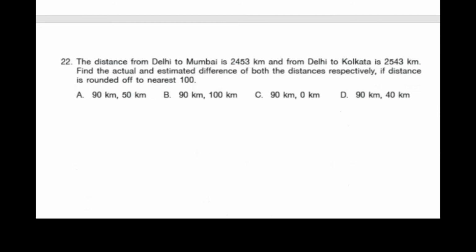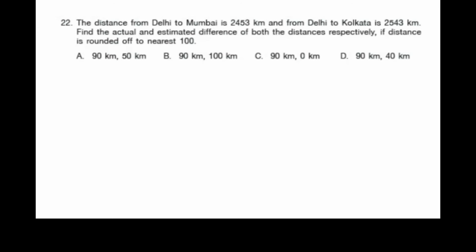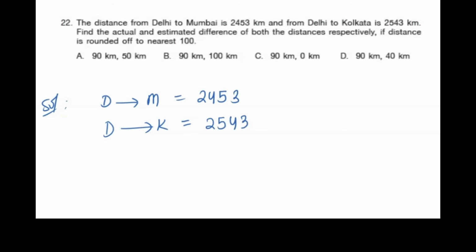Now 22. The distance from Delhi to Mumbai is, let's write, from Delhi to Mumbai, it's 2,453. From Delhi to Kolkata, it's 2,543 kilometers. Okay, let's write kilometers. Find the actual and estimated difference of both the distances. Okay, so let's write actual.